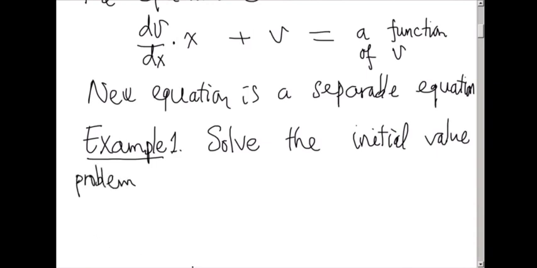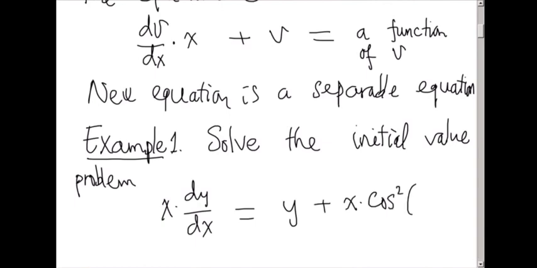We have a differential equation x times dy dx equal to y plus x times cosine squared of y over x.